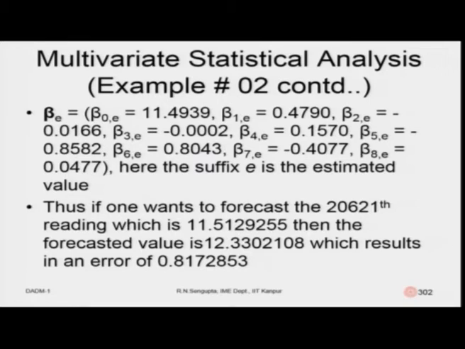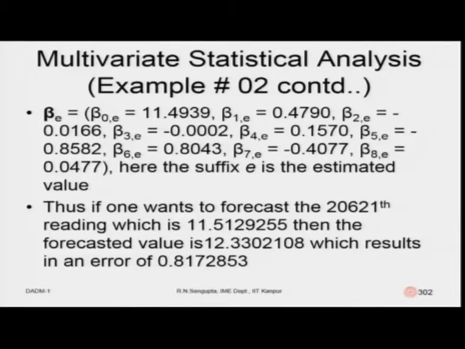So, we have found the betas, and what needs to be done is, for example, if you want to know the forecast of the 2621st reading, which is given in the data as 11.512. Because this is such a huge data set, I can take a random sort and find any value arbitrarily considered from the same huge sample of 20,640.